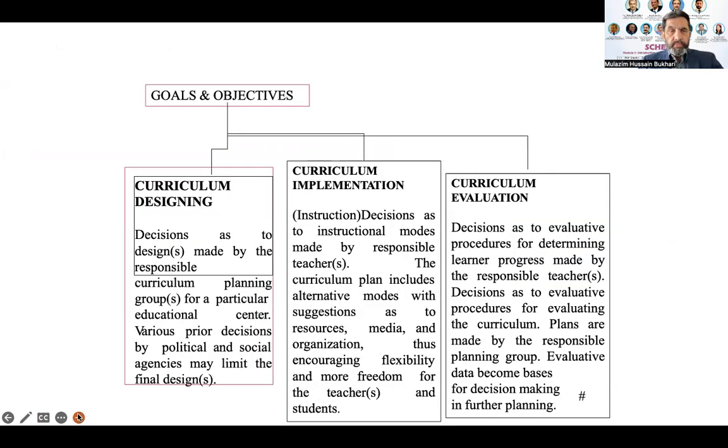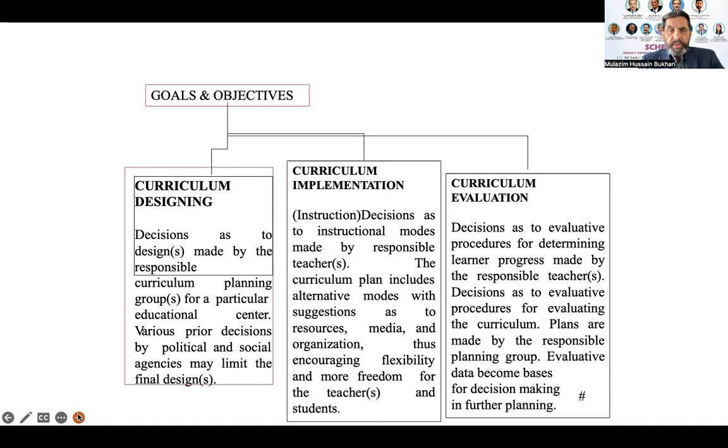This is the goal that we have discussed stepwise in the goals and curriculum designing. Decision as to design is made by responsible curriculum planning groups for a particular education center, where various prior decisions by political and social agencies may limit the final. So always be careful that the planner should be independent of all these effects.